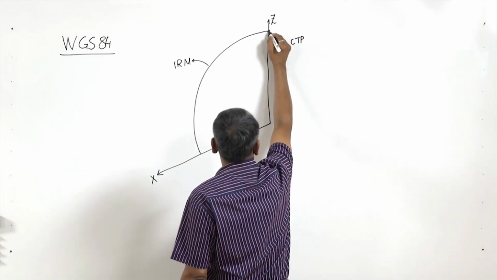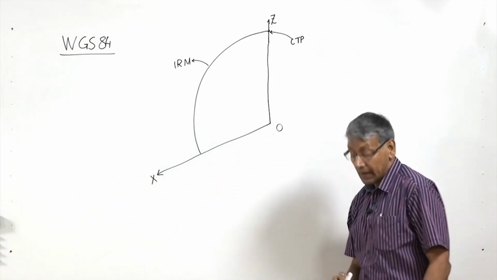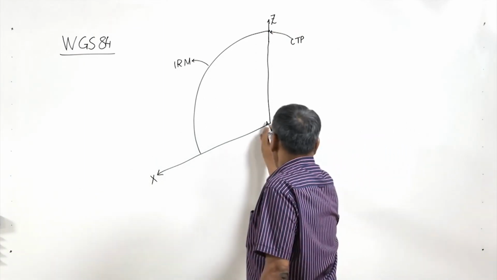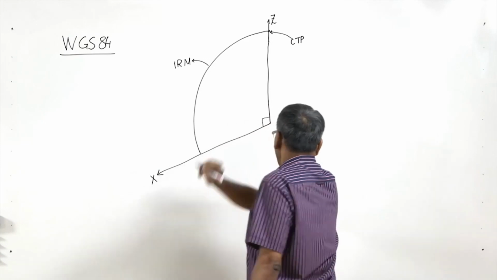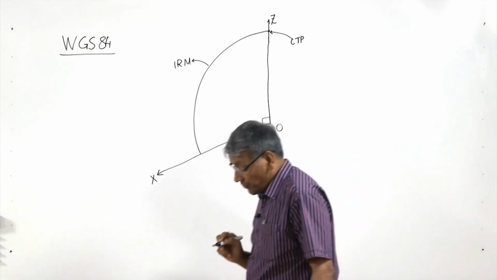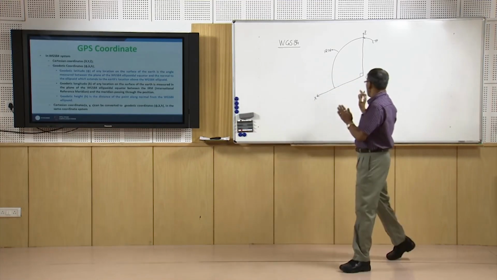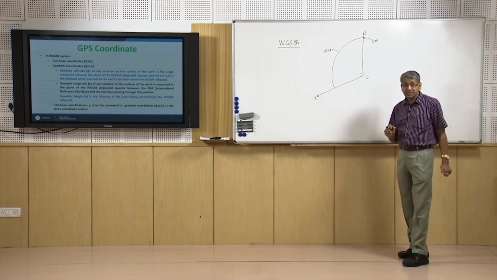This is your CTP. This is a right angle, and this WGS 84 coordinate system is a right-handed coordinate system.